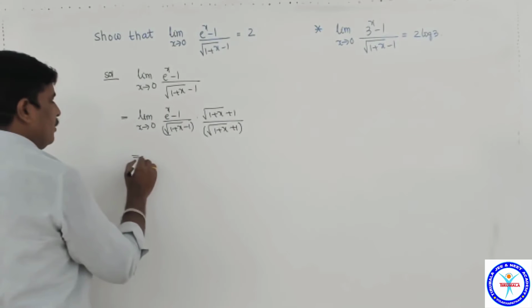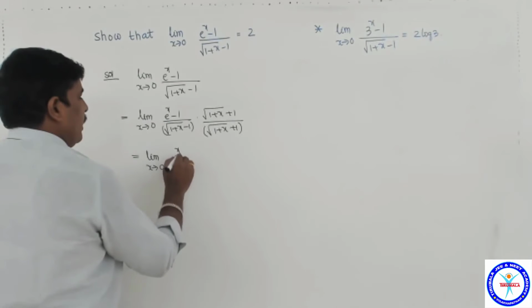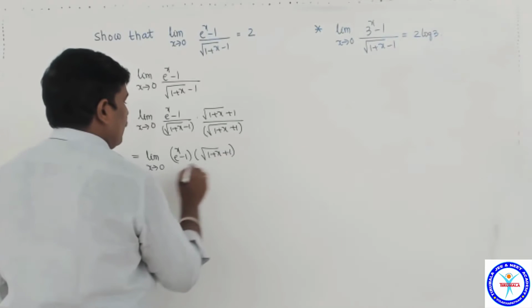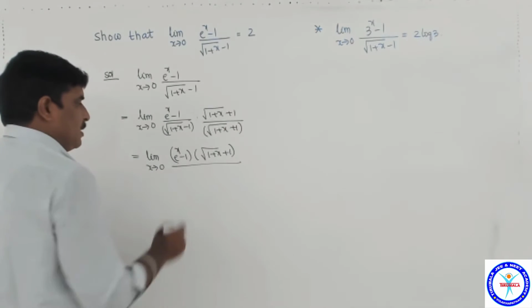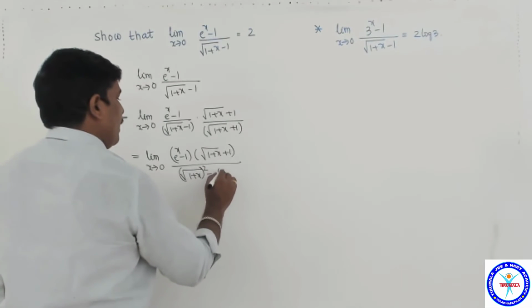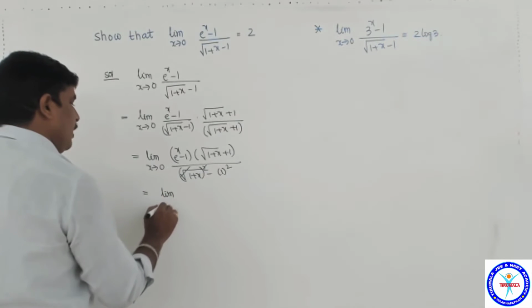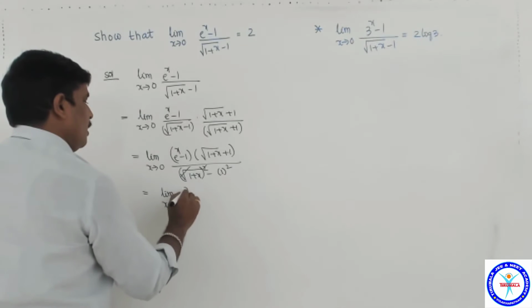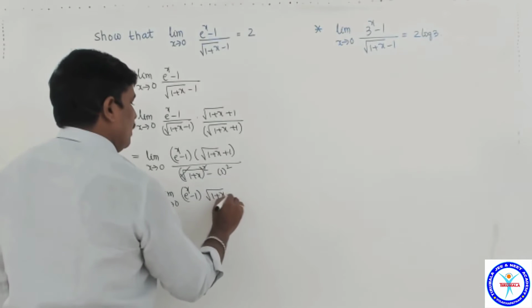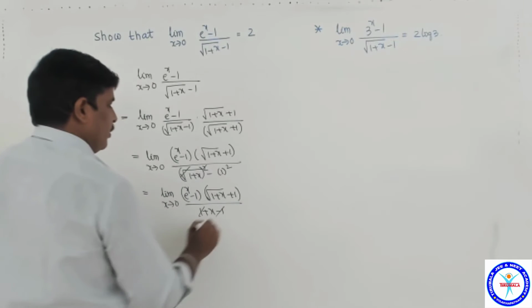Using a minus b into a plus b, this is equal to root over 1 plus x whole square minus 1 square. Cancel these two values, equal to limit x tends to 0, e power x minus 1, root over 1 plus x plus 1 divided by 1 plus x minus 1. Plus 1 minus 1 cancel.